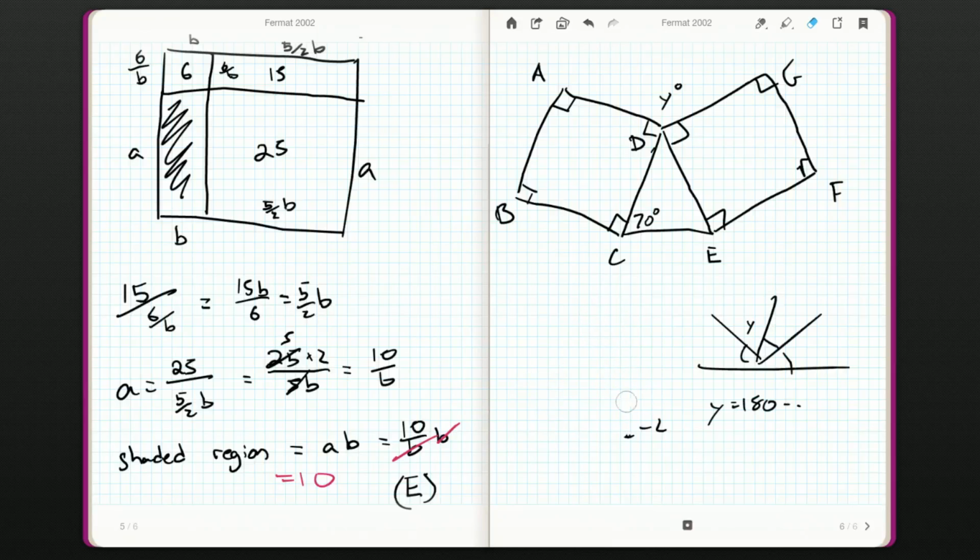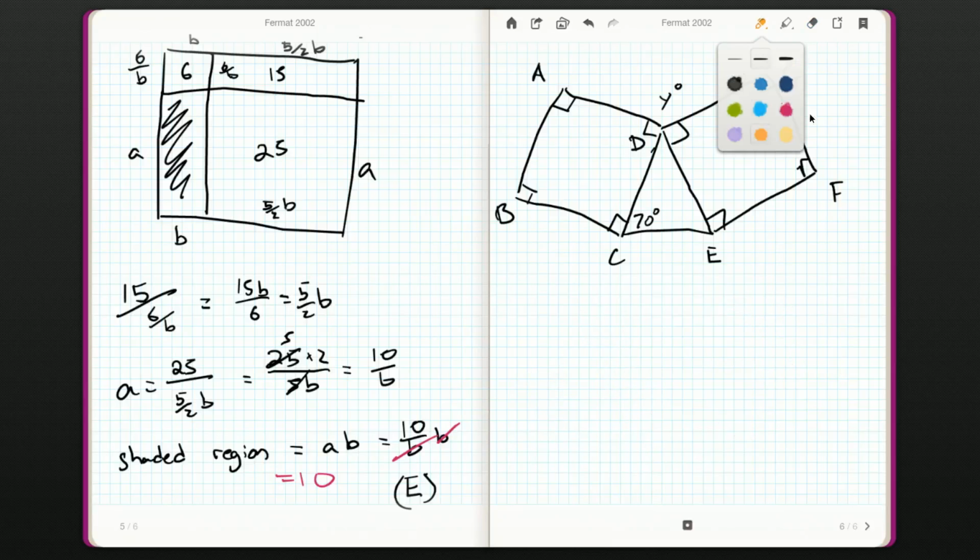Now, I don't see y as part of a triangle, and I don't see y as part of a straight line. But what I do see y as part of is a circle, a full circle here, and around a single point the total angle should be 360 degrees. So y isn't part of a line that is 180 degrees, but it's part of a full arc of 360 degrees.